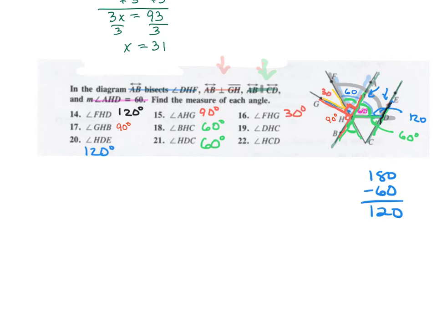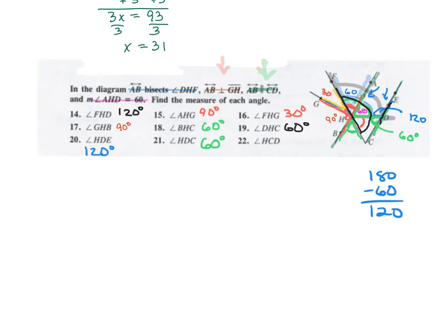The next one is DHC, and DHC is this angle right here. And again, one way that you could figure this out is realize that you have a straight angle, and for the straight angle, you already have 60 plus 60, so then that leaves DHC as also 60.